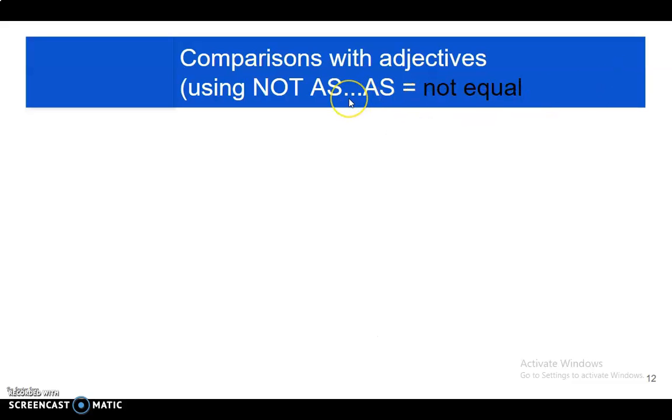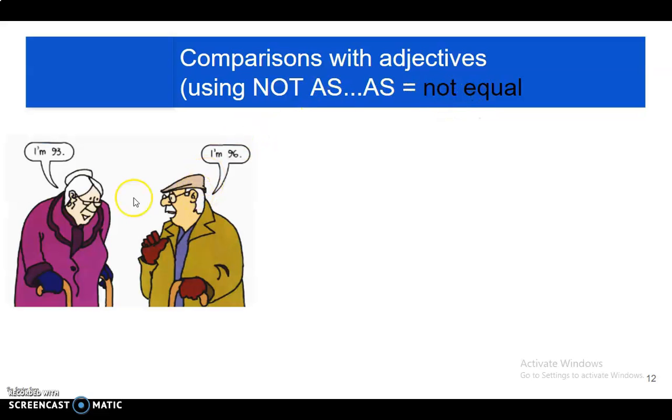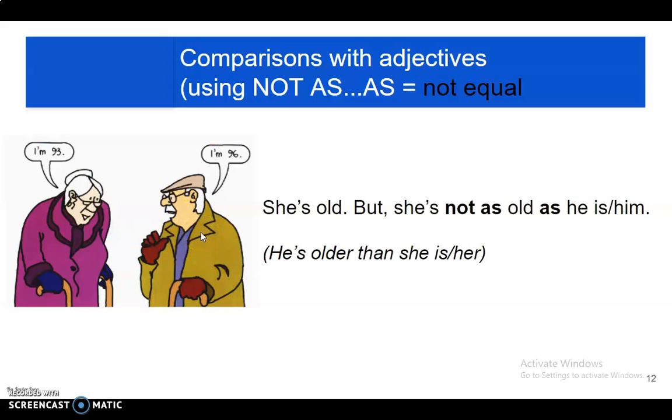Now let's talk about comparison with adjectives, but in this case with a negative form. Not as... as, meaning not equal. Here is this image of two old people. She's 93 and he's 96.